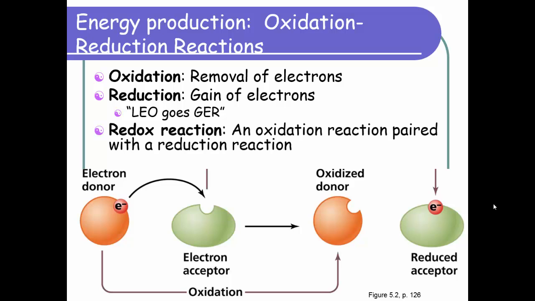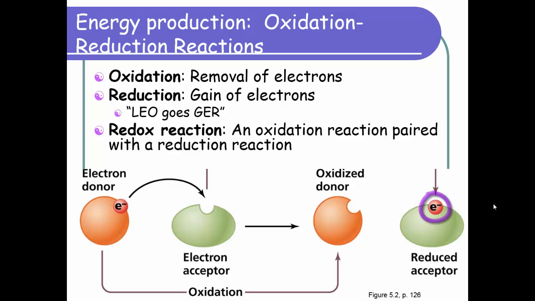Usually an oxidation and reduction reaction occur at the same time. Somebody is going to lose the electron and somebody needs to pick it up. A redox reaction is when an oxidation reaction is paired with a reduction reaction. For example, here we have an electron donor. It gives up the electron to the electron acceptor.